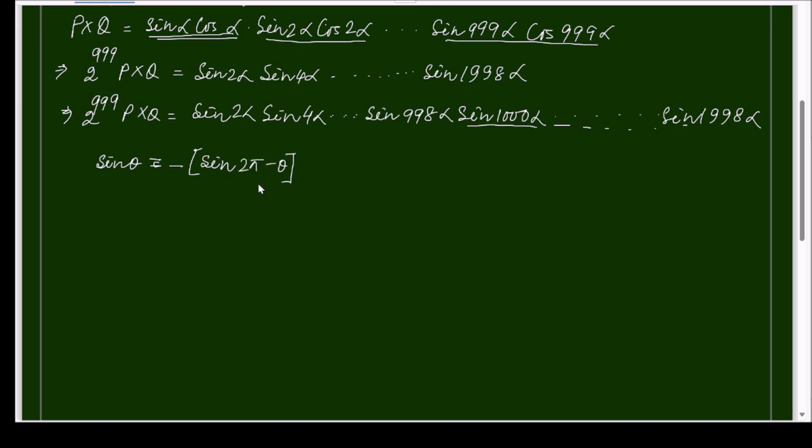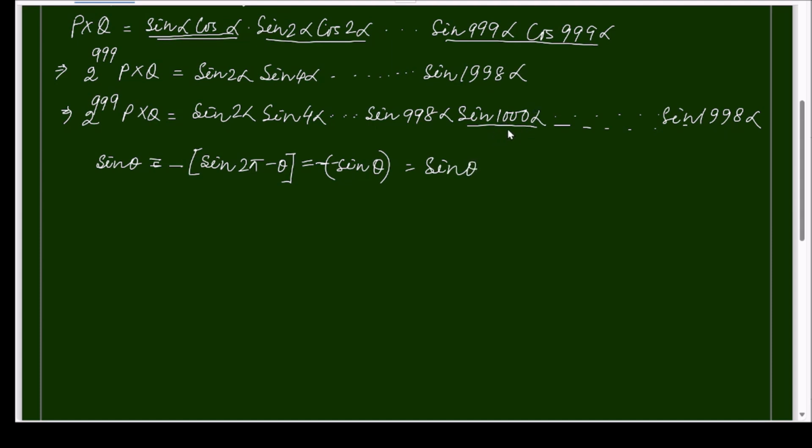Because 2 pi minus theta, that is 360 minus theta, is in the third quadrant where sine is negative. So negative of negative sine theta is equal to sine theta.